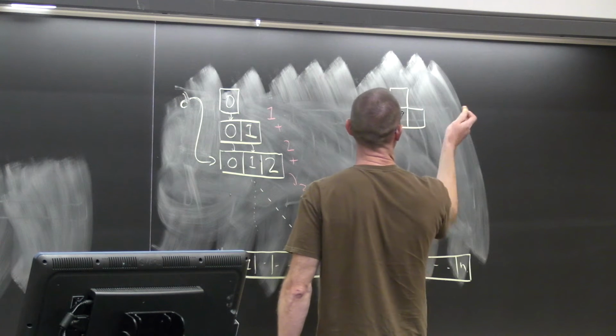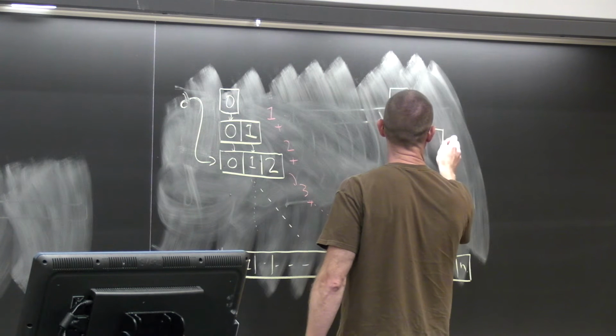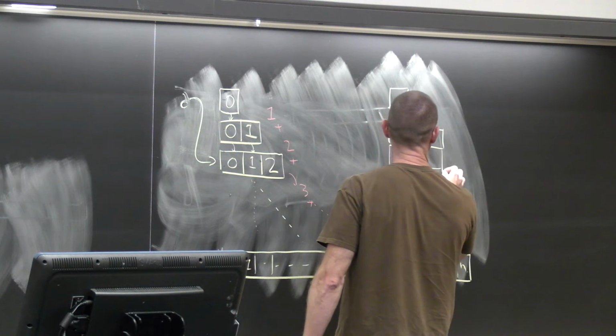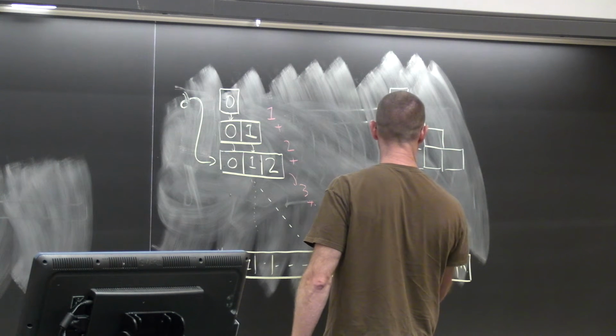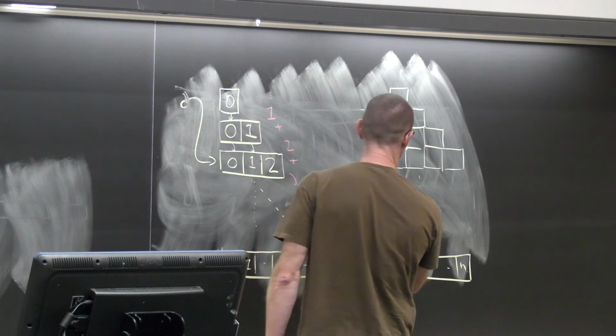In the first row, there's 1 square. In the second row, there's 2 squares. In the third row, there's 3 squares. In the fourth row, there's 4 squares. And in general, so we're going up to n minus 1 here.